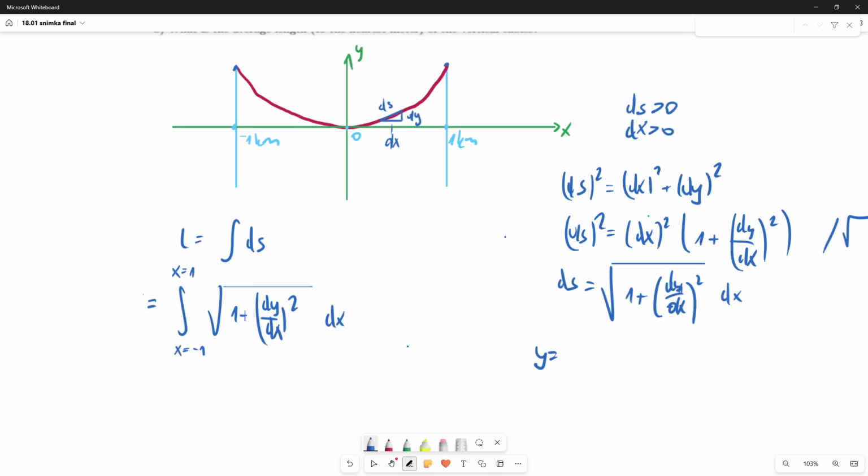Since y is equal to 1 over 10 times x squared, dy over dx is equal to 2 times x over 10, that is x over 5.